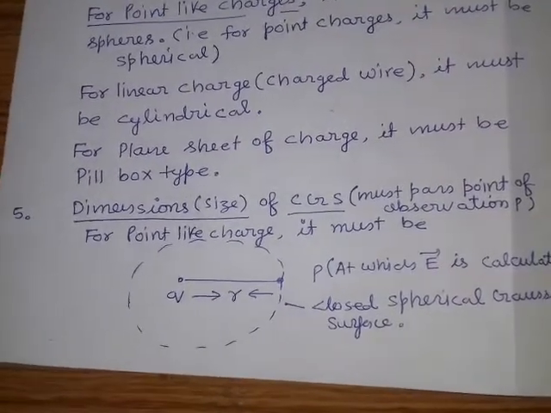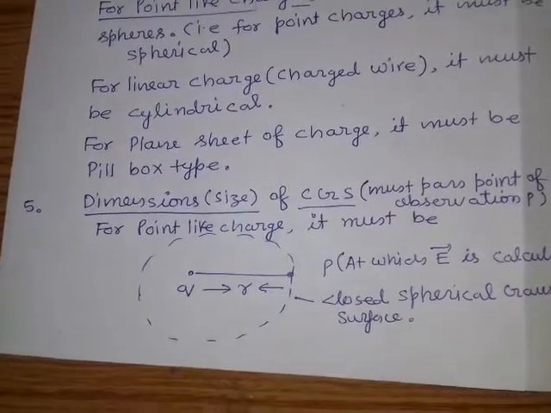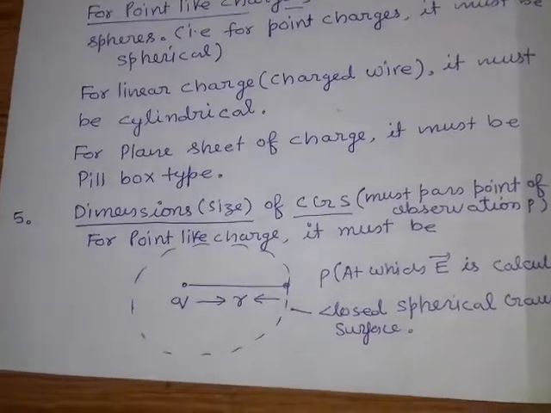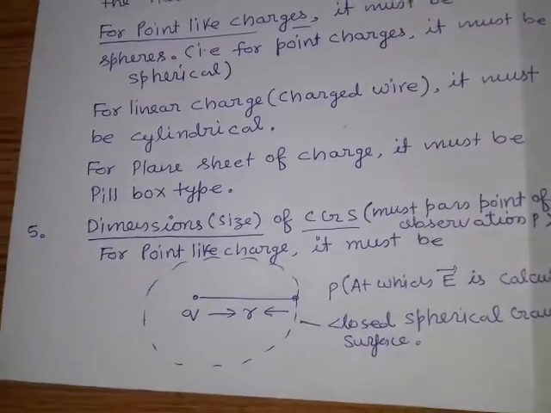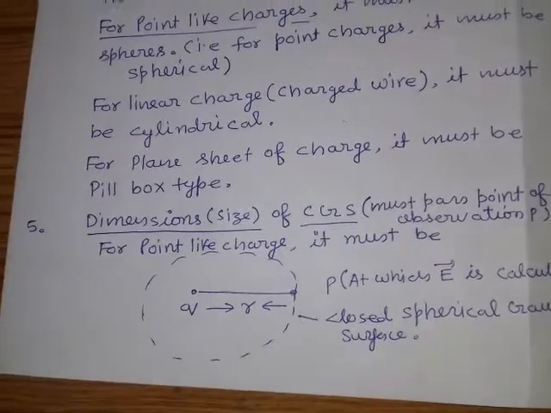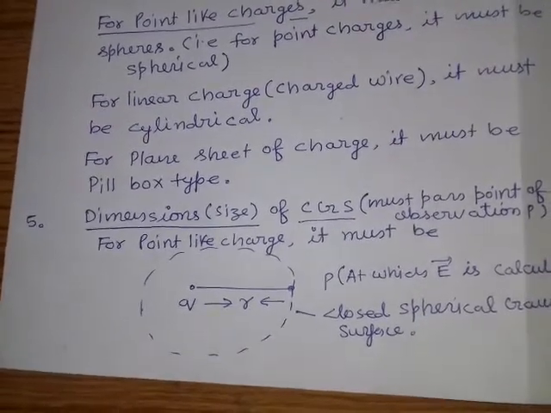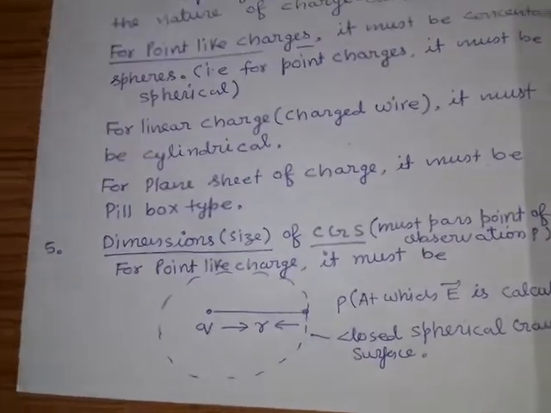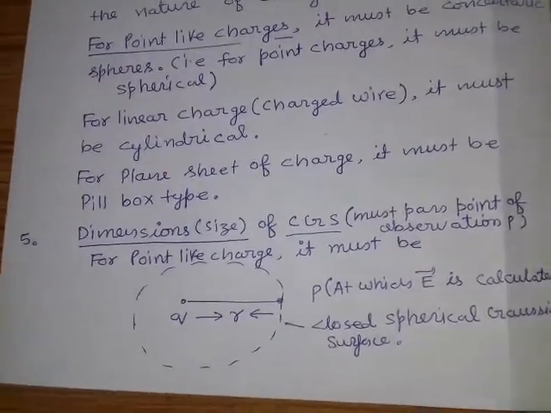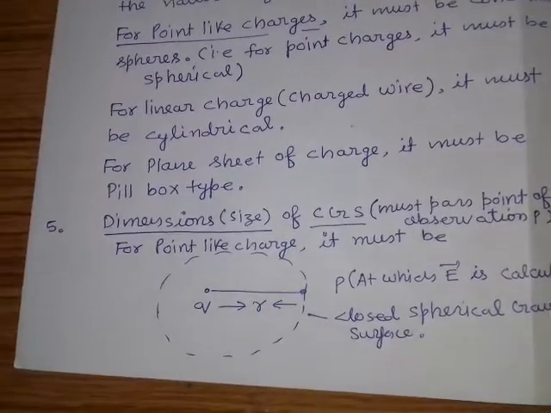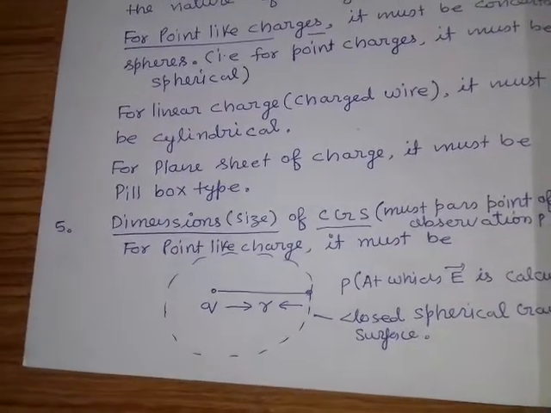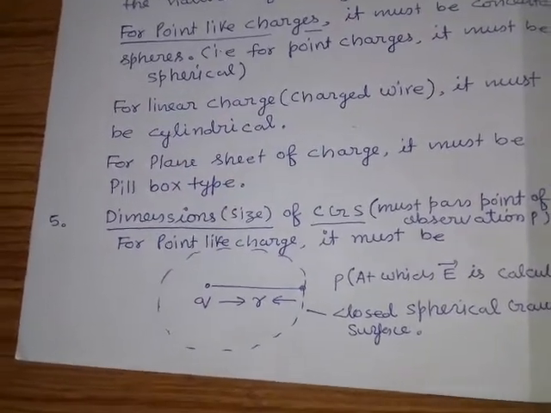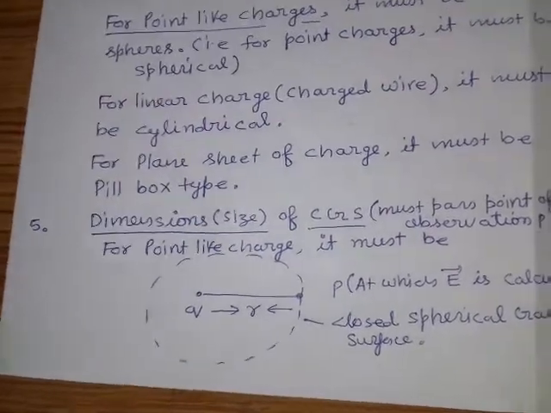So the size of the Gaussian surface is decided by the fact that the Gaussian surface must pass through the point of observation P. Point of observation means the point at which you wish to calculate the effect, whether you calculate the electric field, electric potential, electric force, etc. Whatever you wish to calculate, that point is known as the point of observation.